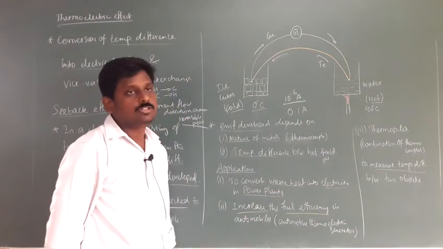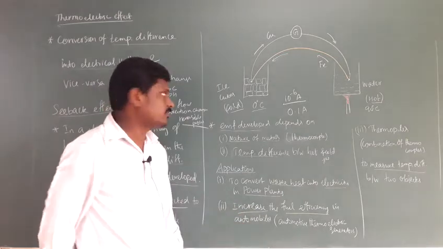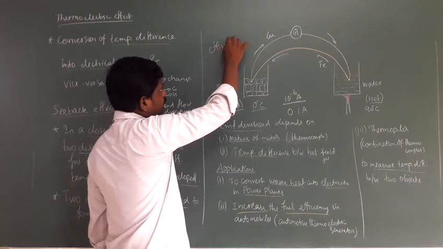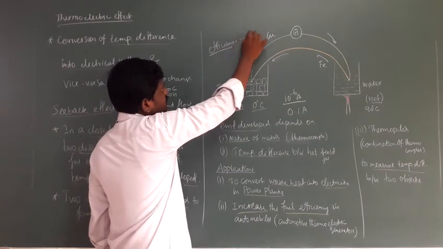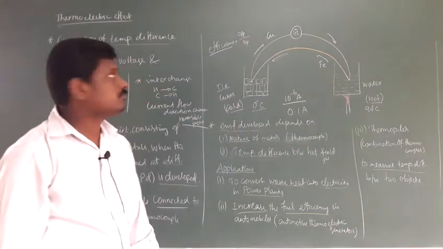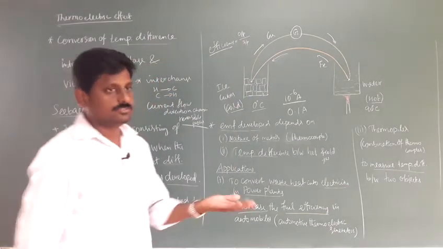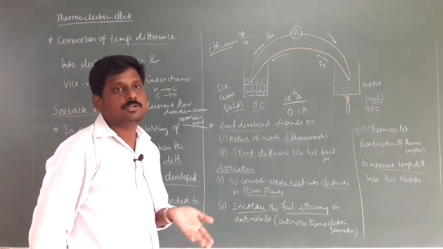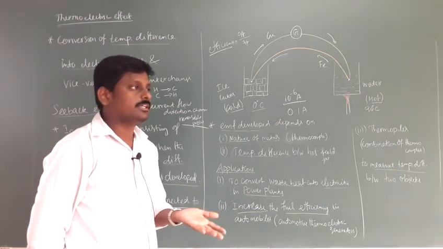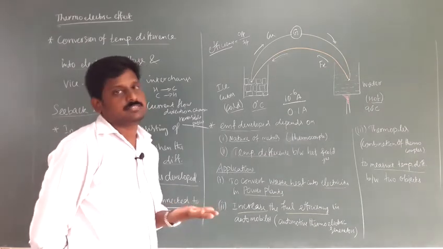The second one is to increase fuel efficiency. What is efficiency? Efficiency is equal to output by input. If we give 1 liter of petrol, it is not completely converted into useful energy.